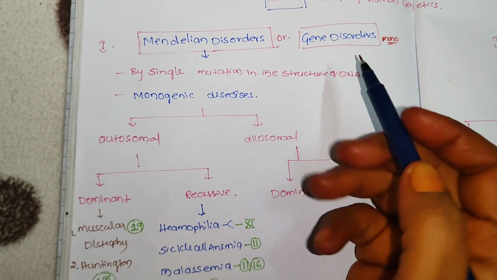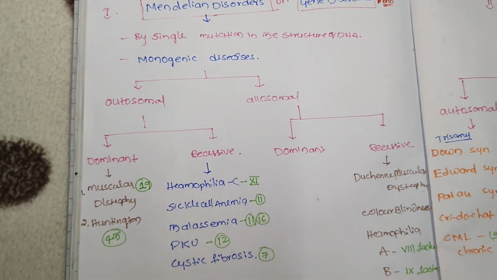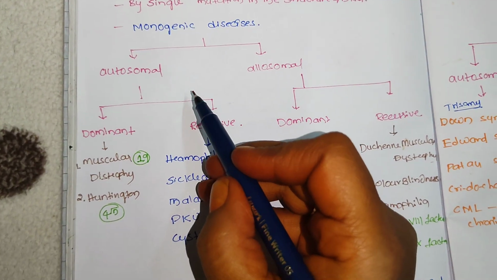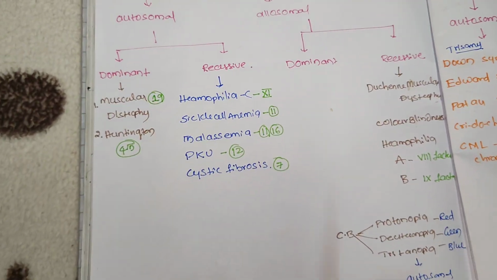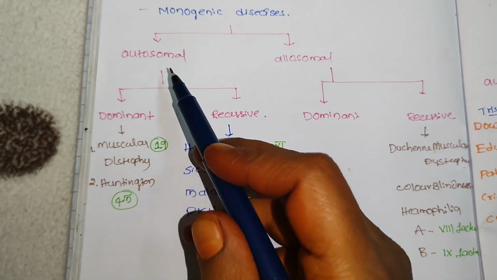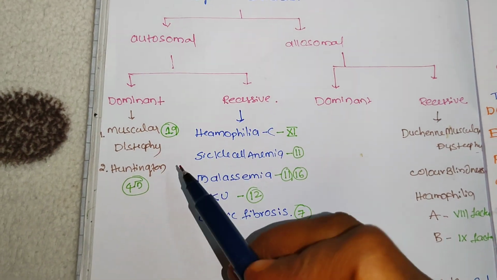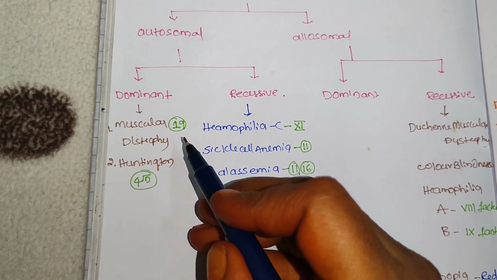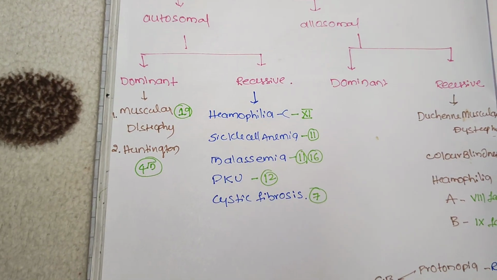These are monogenic. In this, we have autosomal disorders and allosomal disorders. In autosomal disorders, we have dominant and recessive. In the dominant, we have two disorders: muscular dystrophy by the 19th chromosome and Huntington disease by the 4th chromosome.